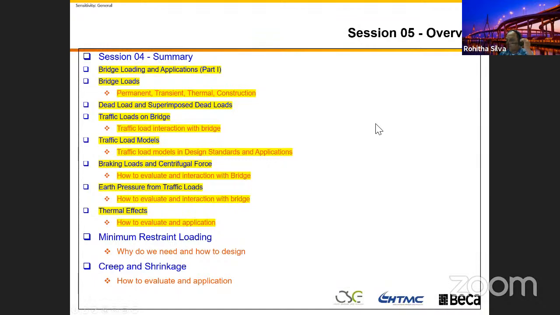And the other thing, wind engineering, wind loading and earthquake loading are related to what we call structural dynamics. If you are a structural engineer, you don't get a good opportunity to learn about structural dynamics.